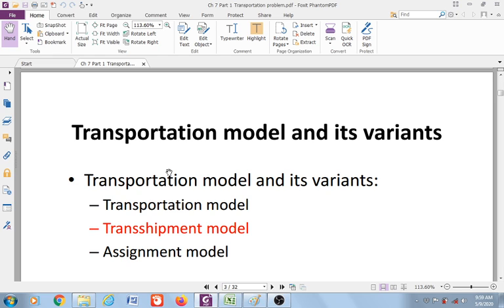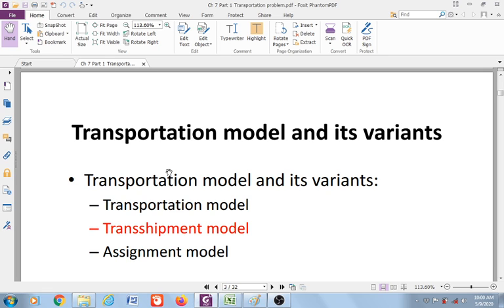The transportation model and its variants are special cases in linear programming. Basically, they are linear programming models that we can solve using the simplex method. But we will not solve them by using the regular simplex method.